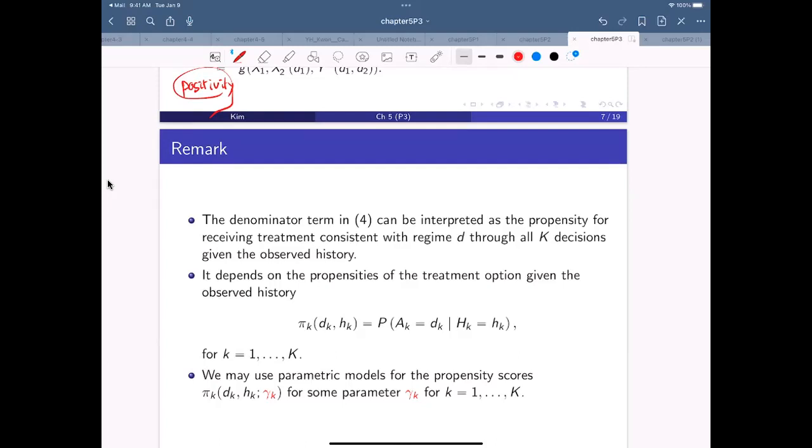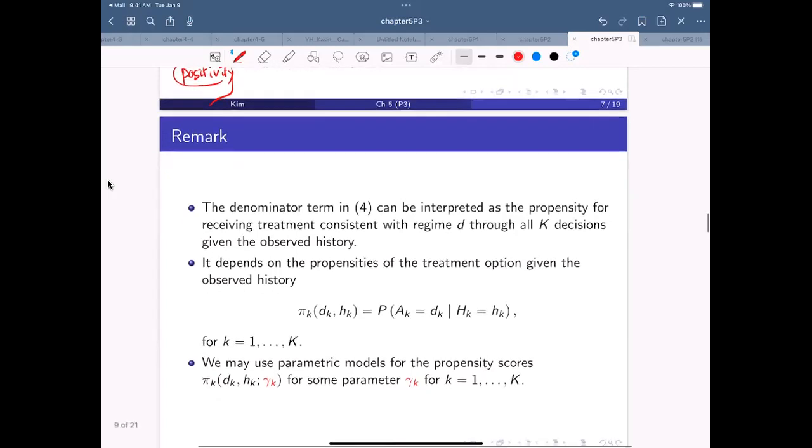H and A are just the data you have, and D is what you want to consider. You want to consider several different rules and then use that to compute this weight.